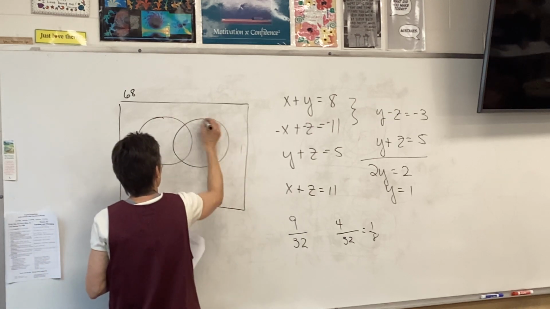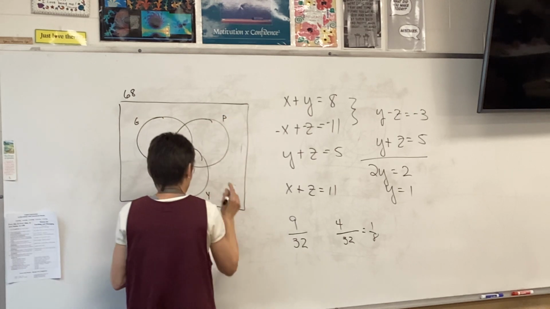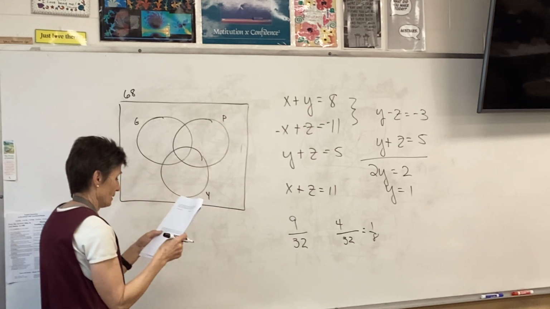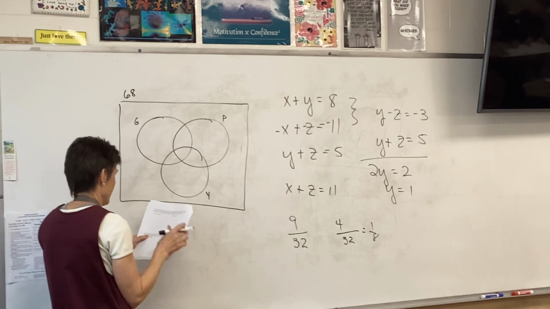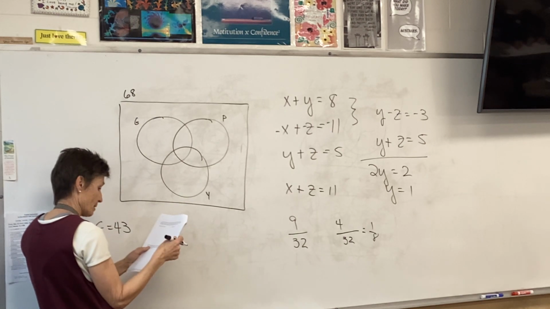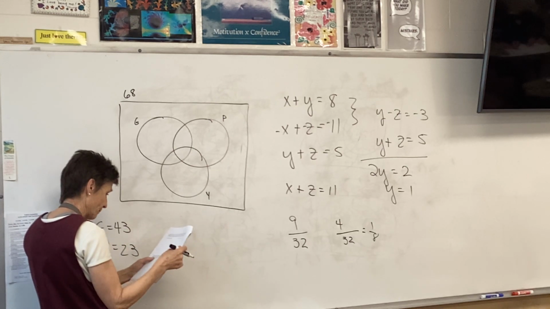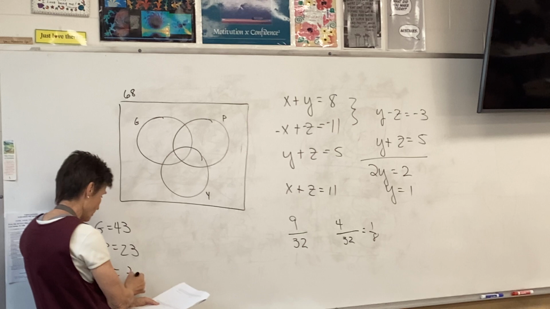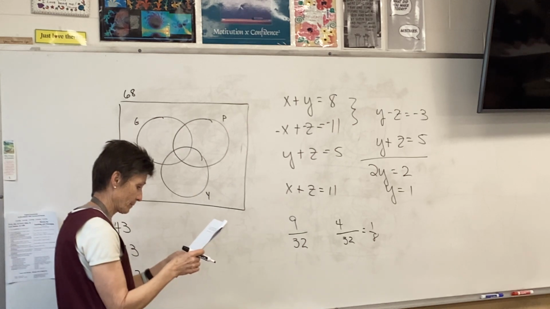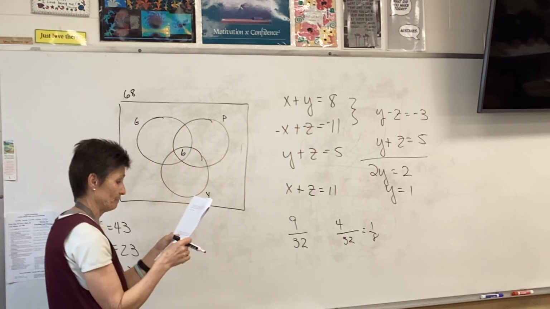Green was 43. Purple was 23. And yellow was 32. 6 liked all 3.